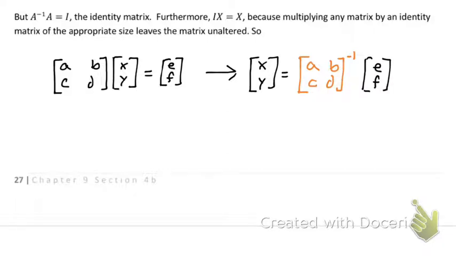Now, x and y are variables. Everything else is a number. So we're going to do this multiplication. We're going to solve the problem. So we don't actually have to turn it back into equations like we've done before. We can actually solve it by just multiplying these numbers by its inverse.